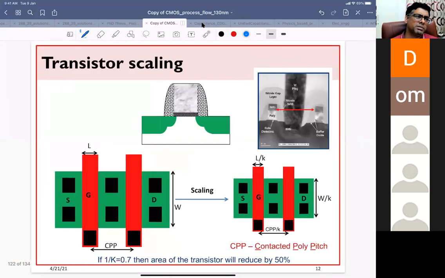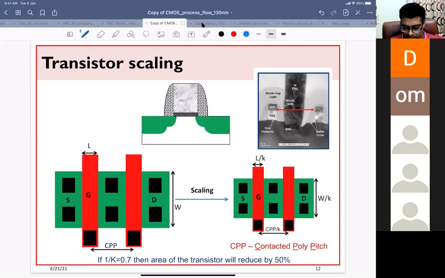And what do you mean by scaling? Here I have taken two layouts. On the left-hand side, I have two transistors, because two transistors are generally used just to look at the pitch.